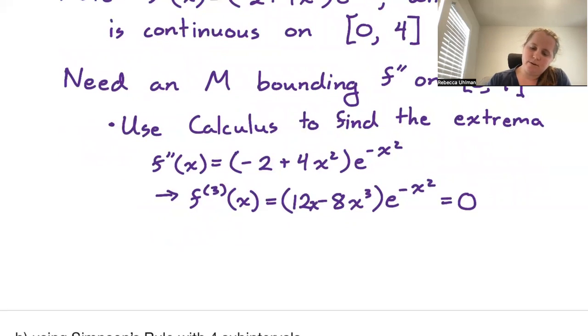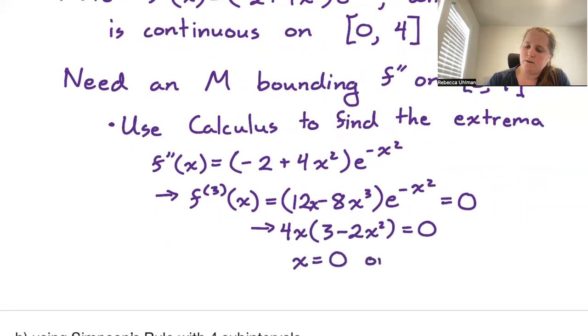Set this equal to 0, then we have 4x times (3 minus 2x squared) has to equal 0. So we get that x is either 0 or the square root of 3/2.